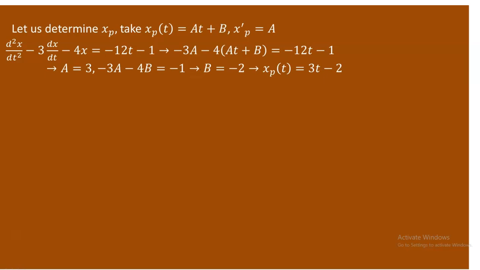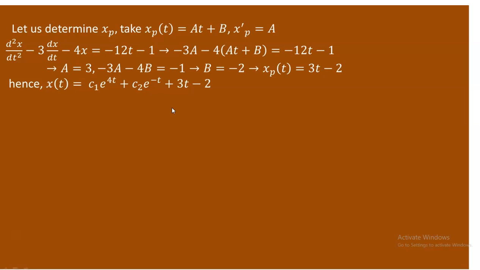So minus 4b equals 8 means b is minus 2. So the x particular is now obtained, 3t minus 2, because a is 3 and b is minus 2. Thus, x of t can be determined as the homogeneous solution we obtained, plus the particular 3t minus 2. So x of t is now determined.